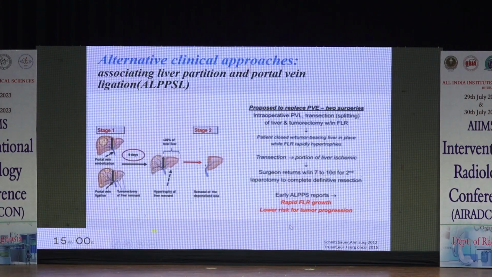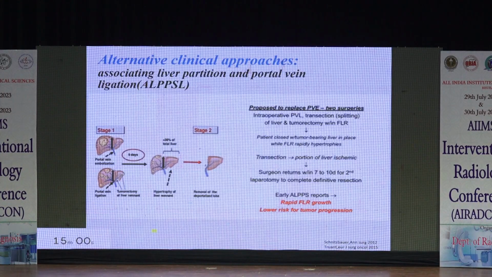We'll be concluding that after discussing ALPPS. I'll ask Dr. Patnaik sir to take us through what ALPPS is and where it stands against PVE. ALPPS is associating liver partition in addition to portal vein ligation intraoperatively. In portal vein embolization, we are just embolizing the right portal vein.